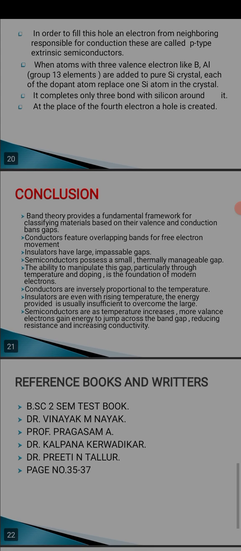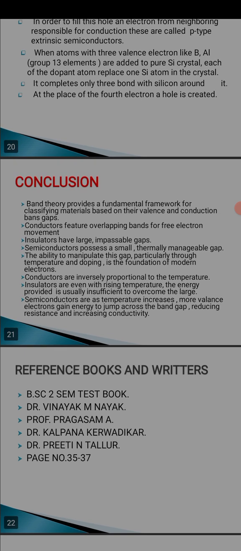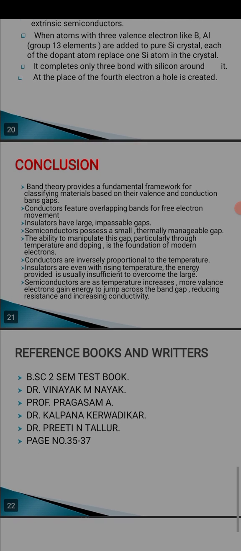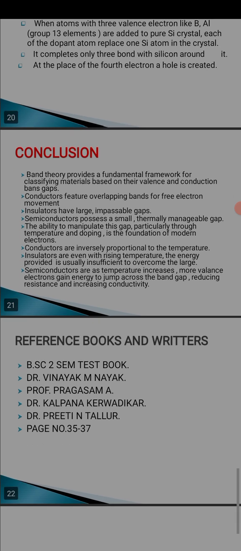Insulators have large, impassable gaps. Semiconductors possess a small, thermally manageable gap. The ability to manipulate this gap, particularly through temperature and doping, is the foundation of modern electronics.